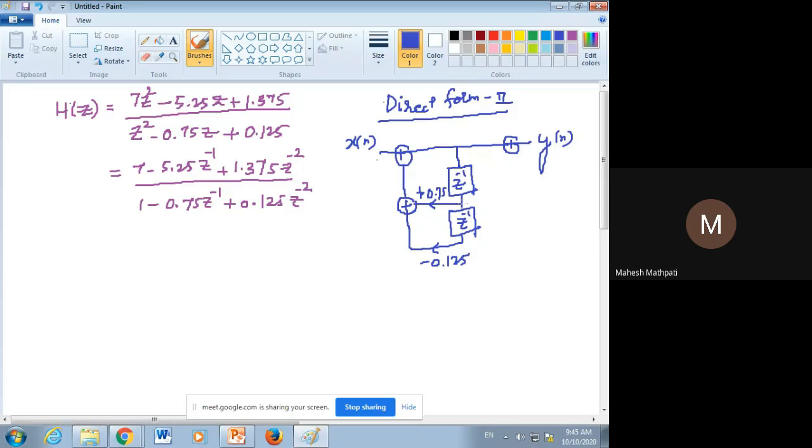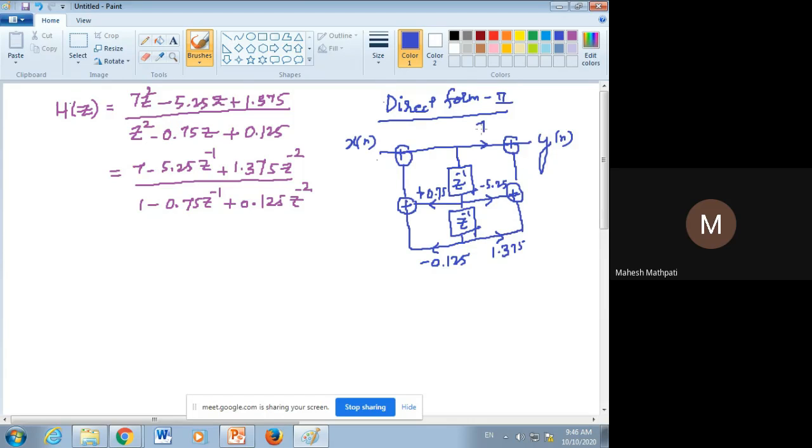Okay. And on this side, what are the multipliers we will get? Minus 5.25. So here it is minus 5.25. After that here it is 1.375. And what will be here? 7. Okay.